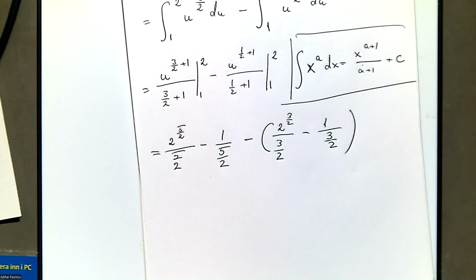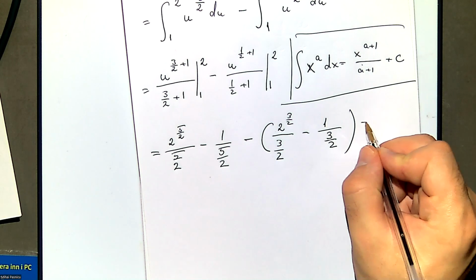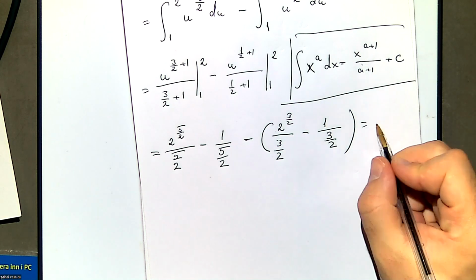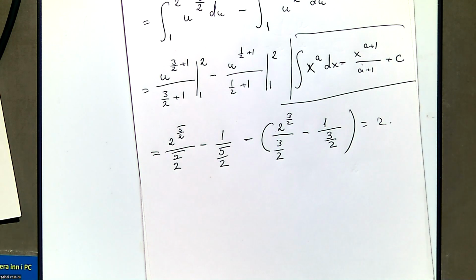Okay, and for all intents and purposes, I'm going to leave it like this. There's nothing else for me to compute here. I don't really care that this is equal to something like 2 point something. I don't really care what it's equal to.